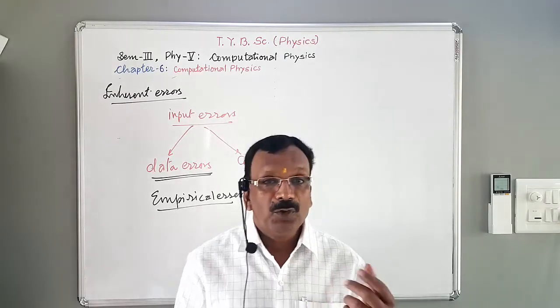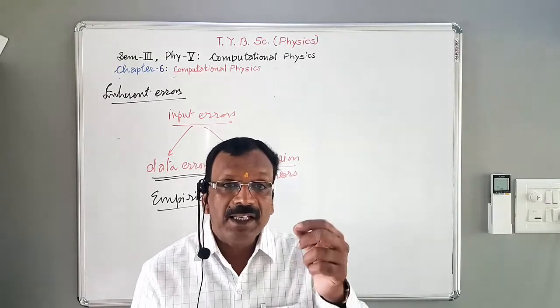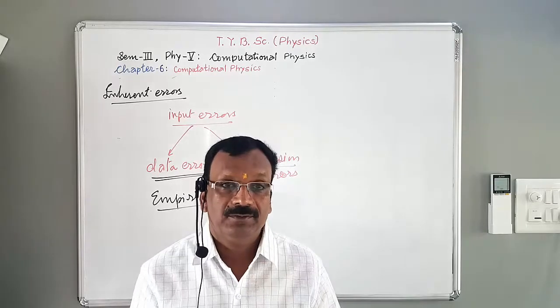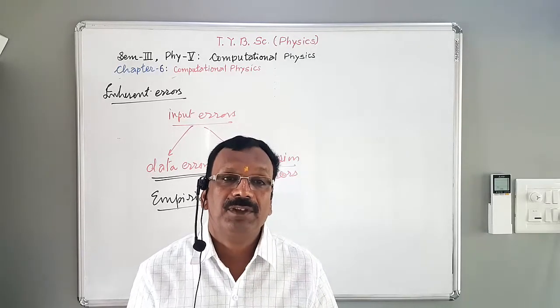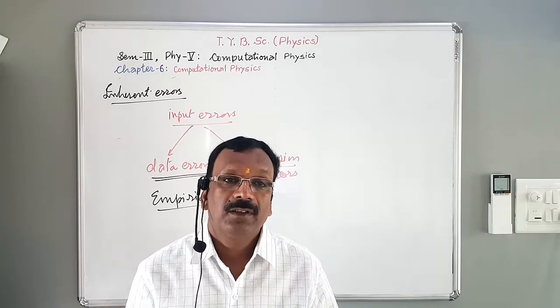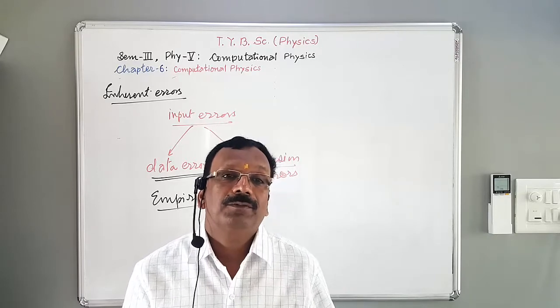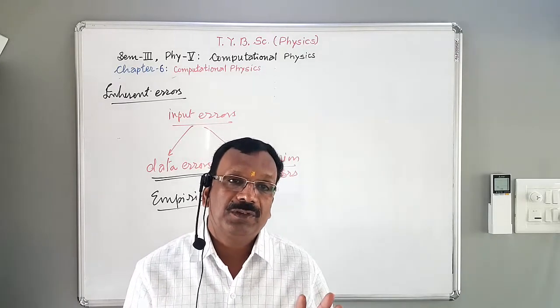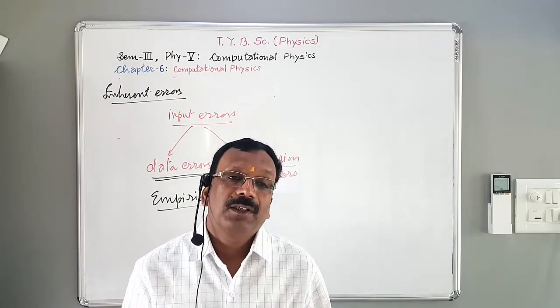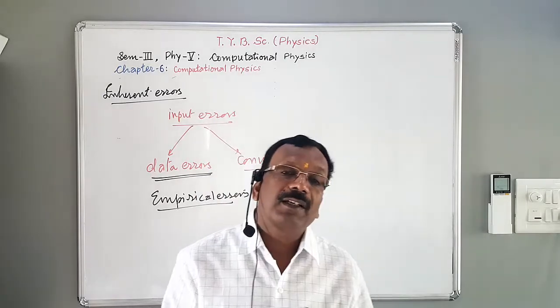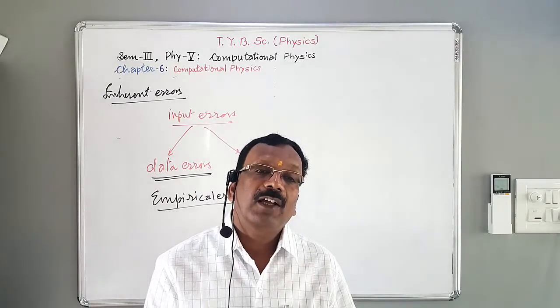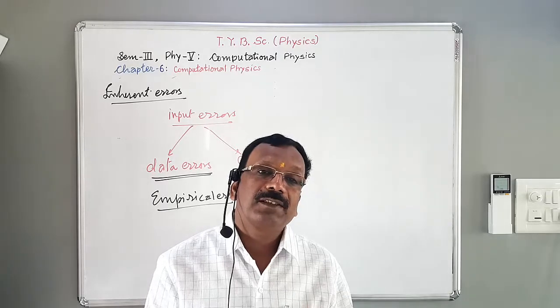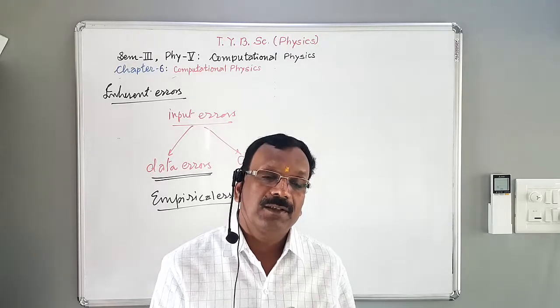Suppose we are going to measure the thickness of a coin. A vernier caliper is used, but for accurate measurement a micrometer screw gauge is essential.